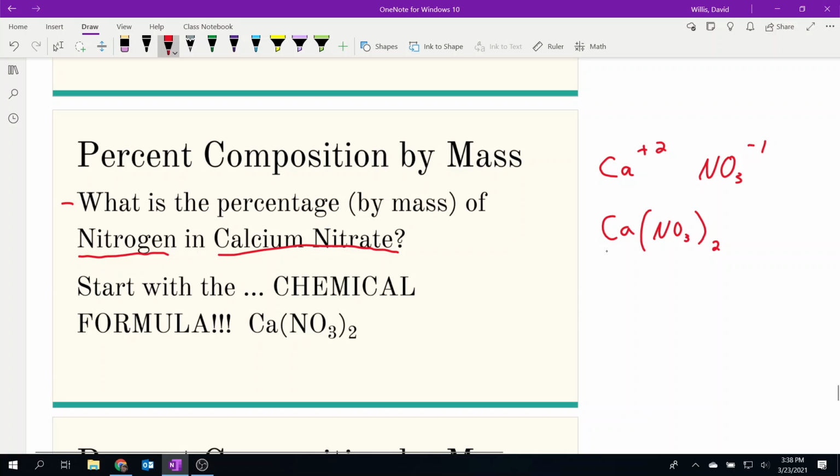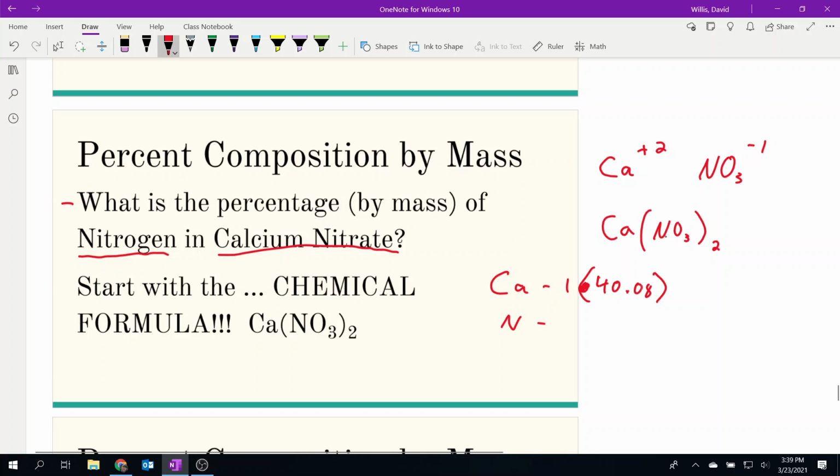Let's just start here and work our way across. How many calciums do we have? We have 1, and it is going to have a mass of 40.08. So I'm going to say 1 times 40.08. Next, nitrogen. You might look at the subscript and say there is a 1, so we have 1 nitrogen.